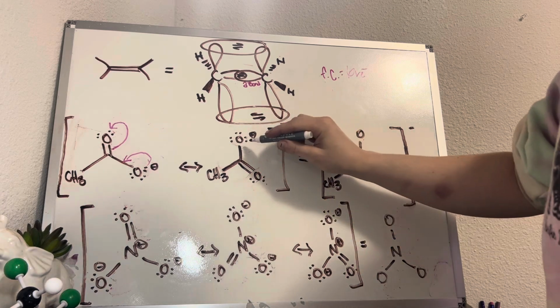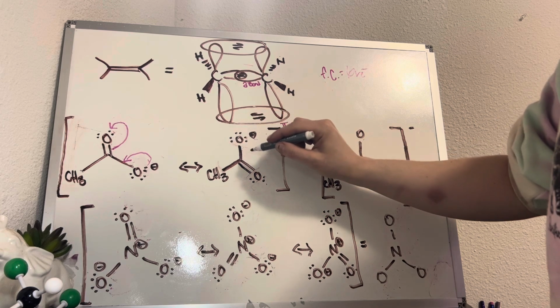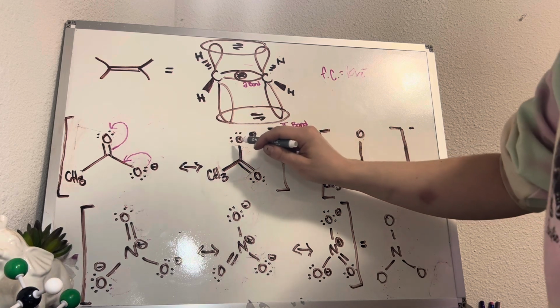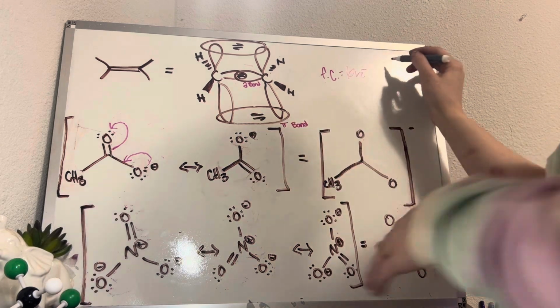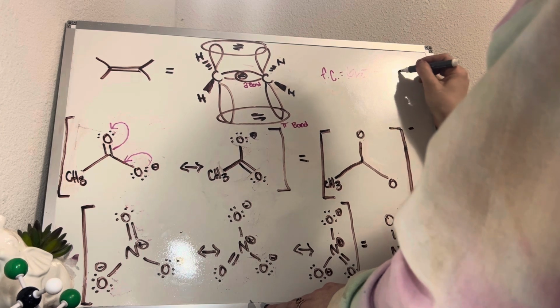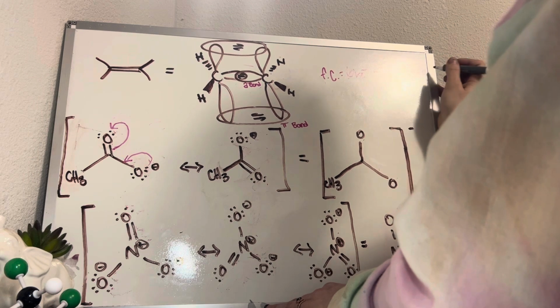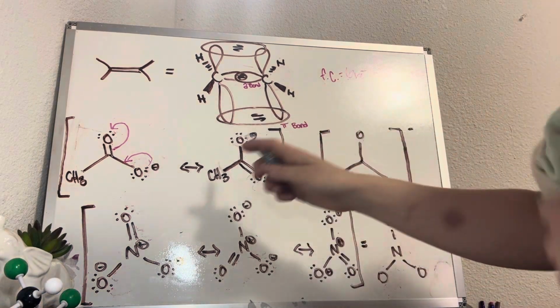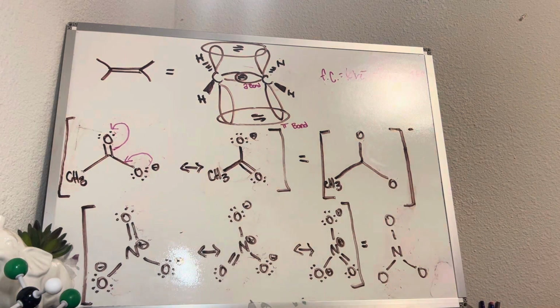So we are going to count an individual electron as 1 and then a pi bond as 1 electron. So we have 1, 2, 3, 4, 5, 6, 7. So here we are displaying 7 valence electrons in its outer shell, which results in a -1 formal charge. And it's important to denote where your formal charges are moving around the molecule, because that is an important contributor to the resonance hybrid structure.